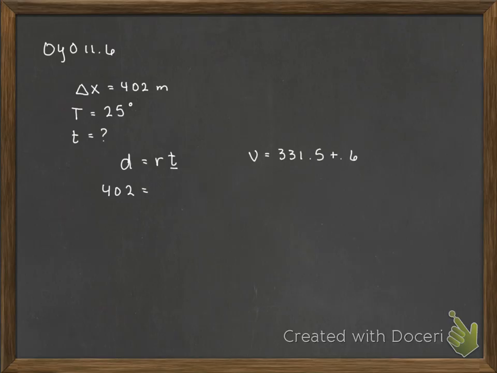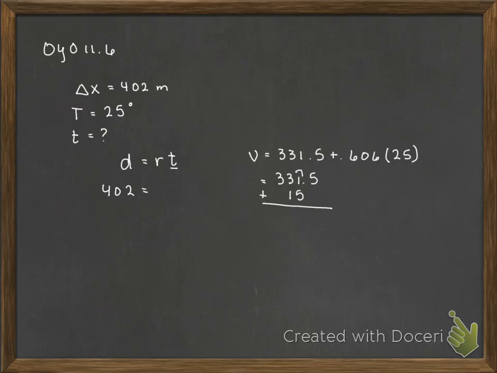Okay, so all of these formulas now should become very familiar. And then, to two significant digits, 0.606 times 25 is 15. So we'll line up 15.